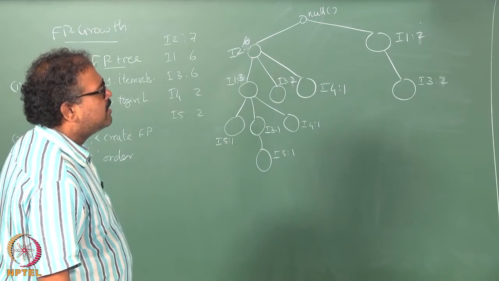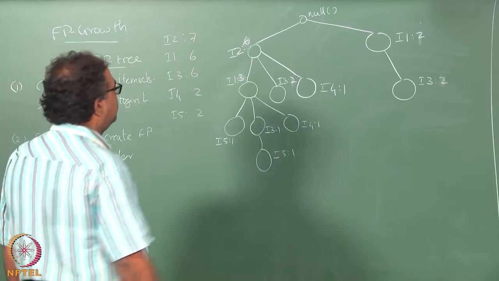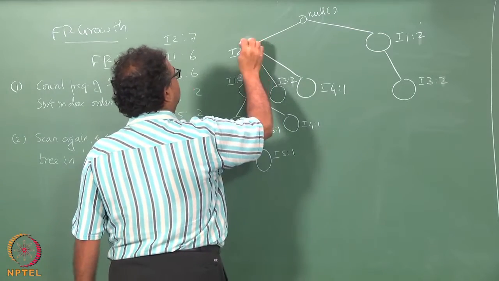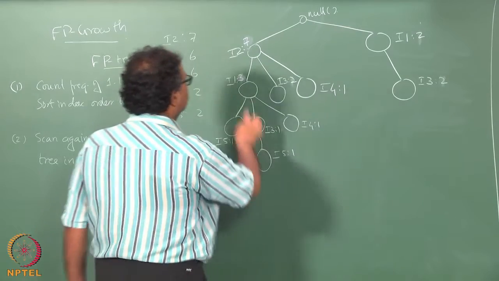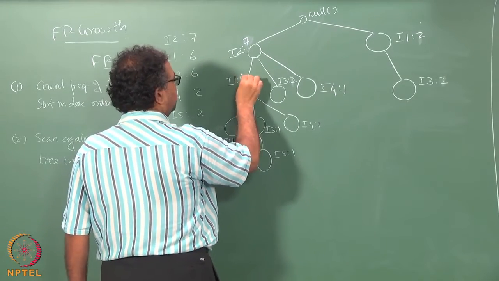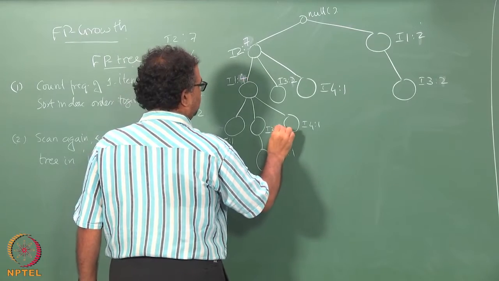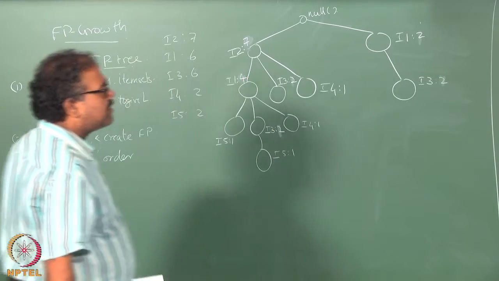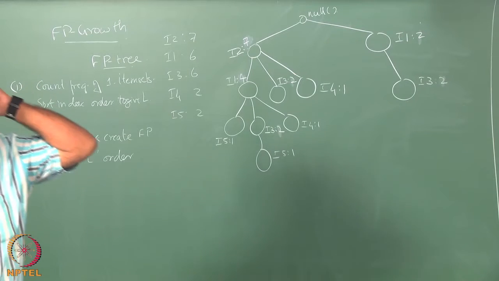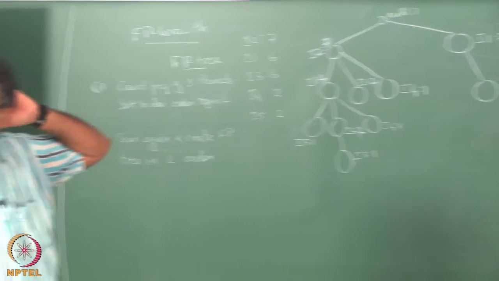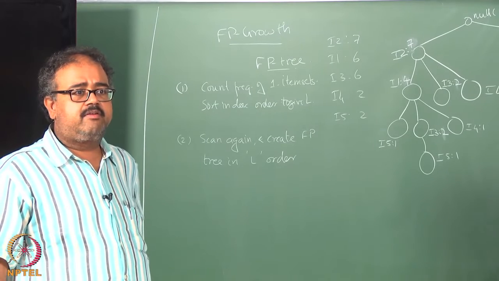Then the last one, T9, is I2 again, then the rest. So we have our FP tree.